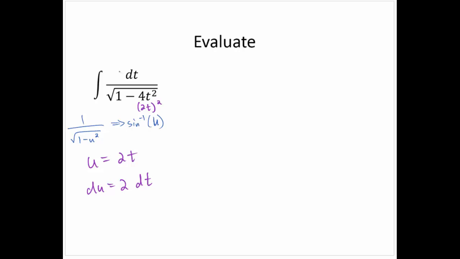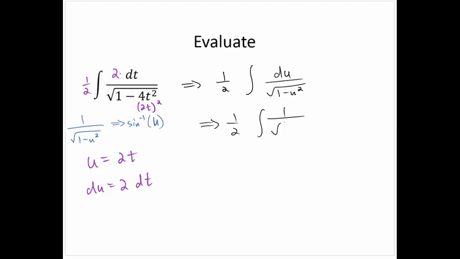So I need a 2 here, and so then I would need a 1/2 on the outside. And so then this becomes 1/2 the integral of du over the square root of 1 minus u squared.